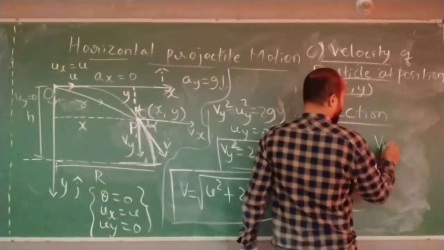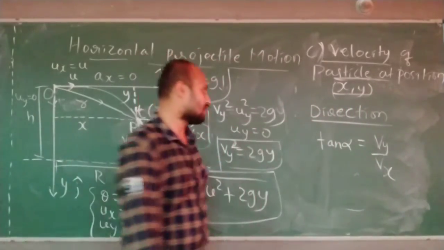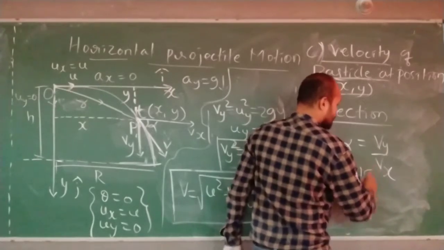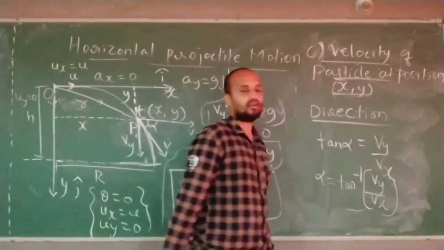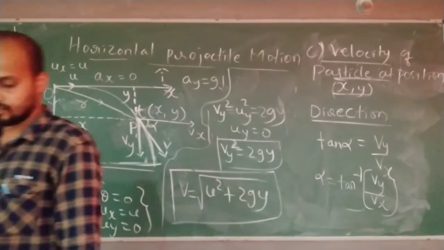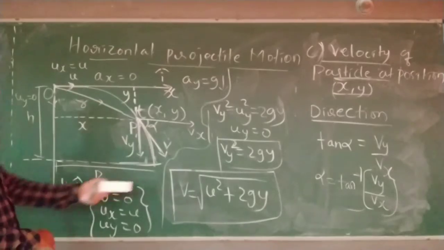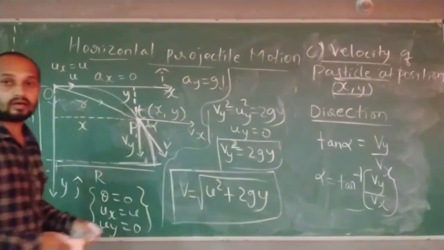That is Vy divided by Vx. So alpha is equal to tan inverse of Vy divided by Vx. Now Vy and Vx we already calculated. So this is about velocity.